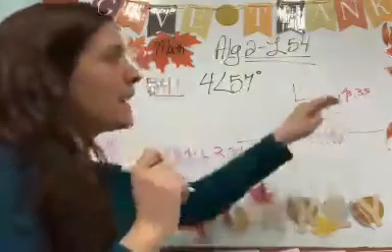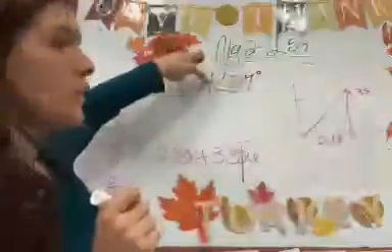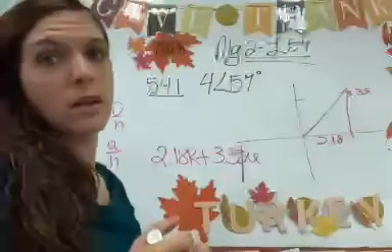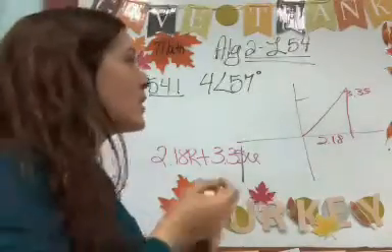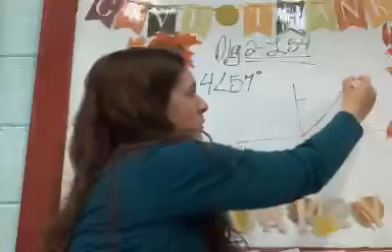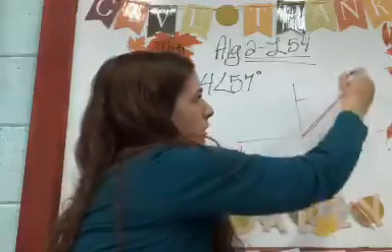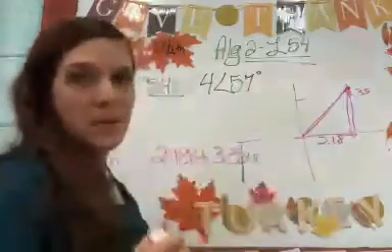And you would end up getting the same triangle as if you did 4 at 57. That's what that means, okay? Got it? So that would be your point, right? 2.18 and then 3.35 up, there's your point, there's your line, there's your triangle.